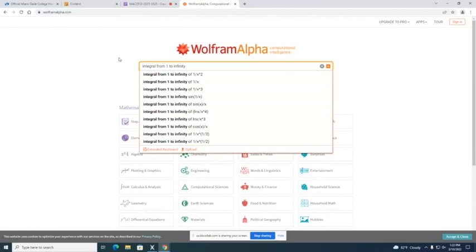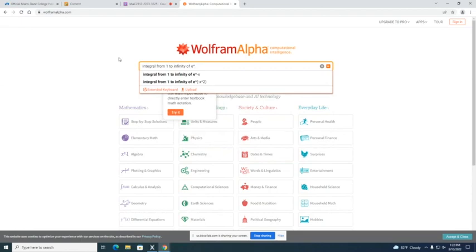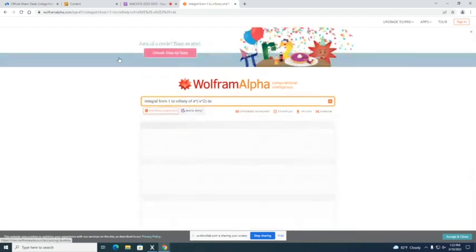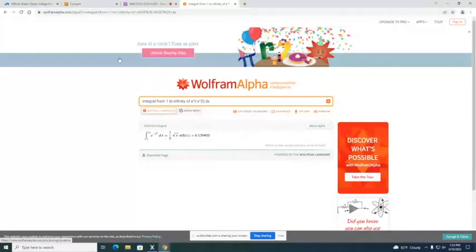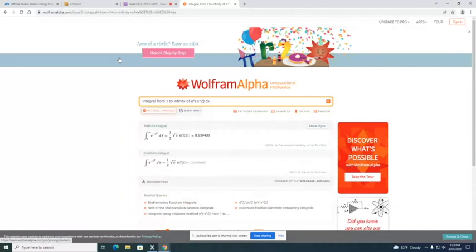Wolfram Alpha is super nice. Integral from 1 to infinity of e to the negative x squared dx. Okay, so you see, this is the error function.